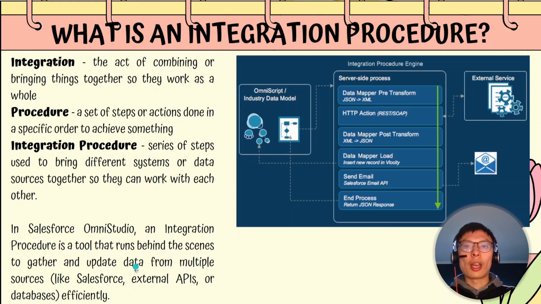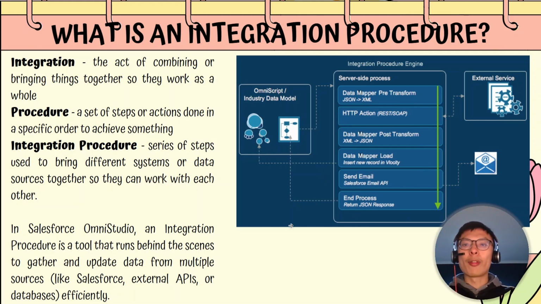It's used to gather, transform, and update data efficiently from both Salesforce and external systems. As mentioned earlier, integration procedure is declarative, so no coding required. It's high performance and designed to run multiple actions in a single server call, which is great for digital experiences like portals and APIs.